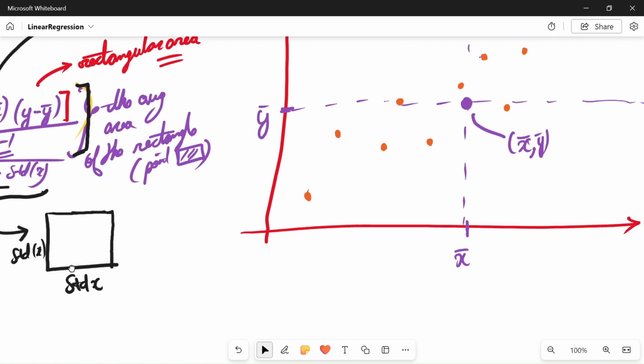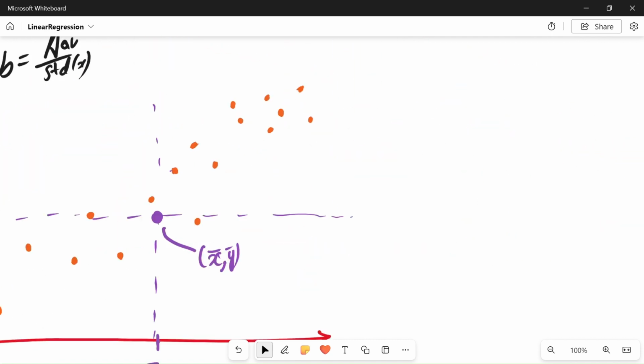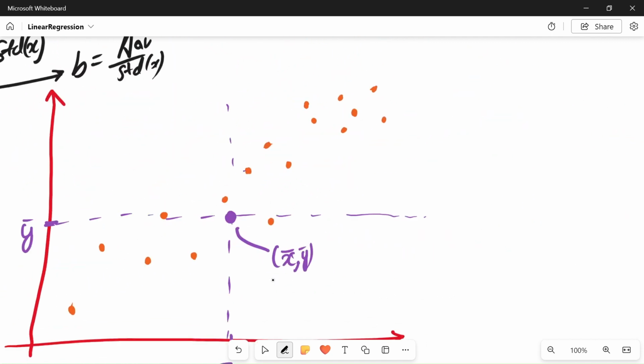So let's assume the standard deviation length first. Let's say this is standard deviation of x. Maybe it'll be a bit longer, but we'll take that.